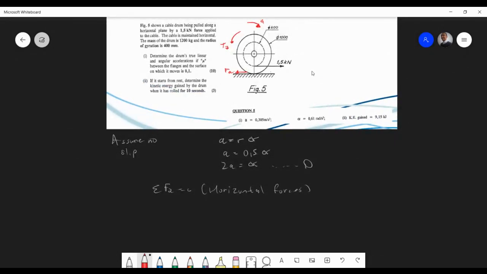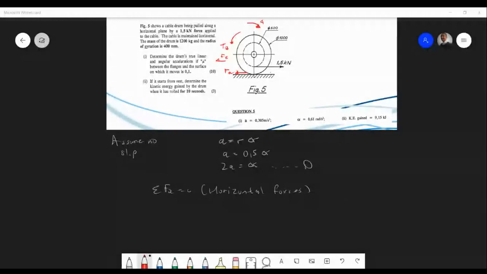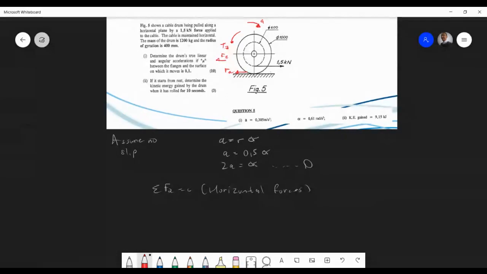Oh, and of course, I forgot another force, which is Fz. So what's my horizontal force acting on this body? It's Fz plus F mu equals 1.5. Beautiful. Thank you very much.